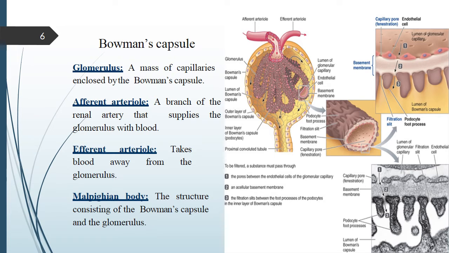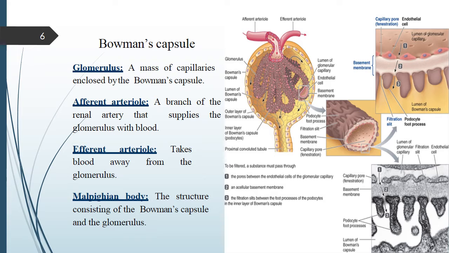In the picture we can see the cross section of the capillaries, and the outermost layer of the capillary is surrounded by the podocytes. From the innermost region to the outermost region the layers are denoted by 1, 2 and 3.